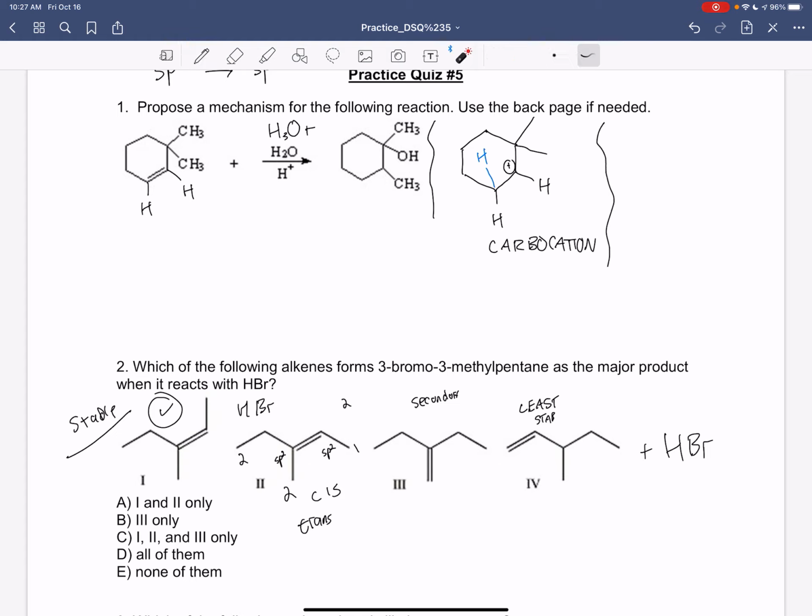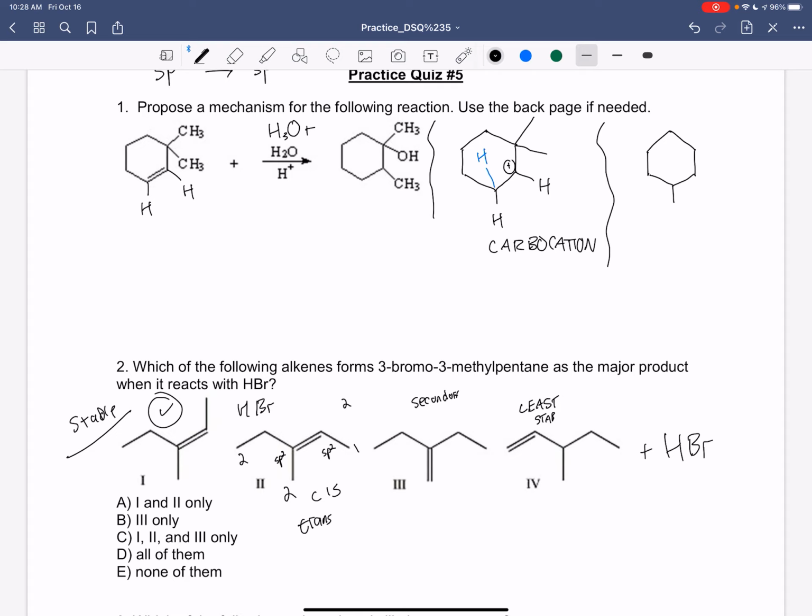This positive charge is going to say, I want to go somewhere else, and these methyls say, okay, we can trade. This methyl group comes down here and we bring the positive charge up here, and let's see what we have. So the next step in this, 1, 2, 3, 4, 5.